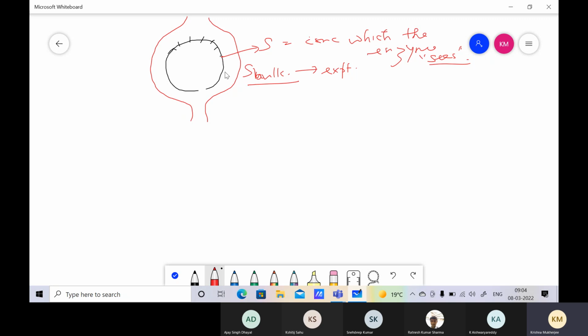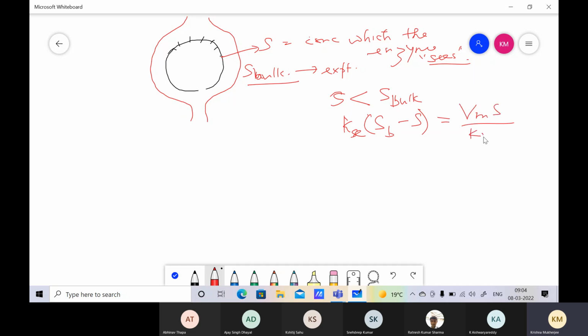Therefore, this diffusion rate makes sure that S is less than S bulk, because of the diffusion coefficient. As a matter of fact, the driving force Ke into S bulk minus S is also equal to the rate of reaction, which is Vm S upon Km plus S. So for all practical purposes, when you plot V versus S bulk, because this is what you're plotting, you get a plot like this.